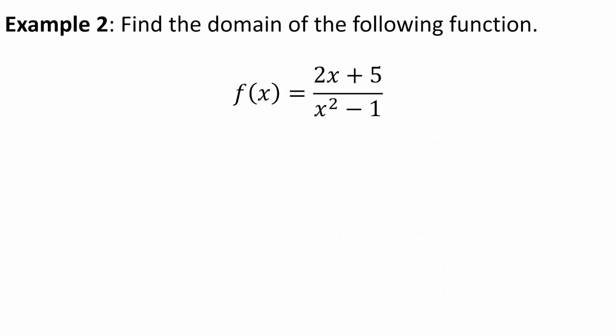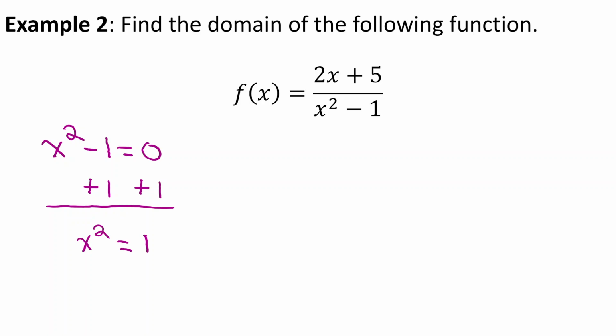Now in example 2, it's another rational function, but this time it's f of x equals 2x plus 5 over x squared minus 1. So first things first, we'll set the denominator equal to 0. So x squared minus 1 equals 0. Same thing. We're going to add 1 to both sides, which then gives us x squared is equal to 1.